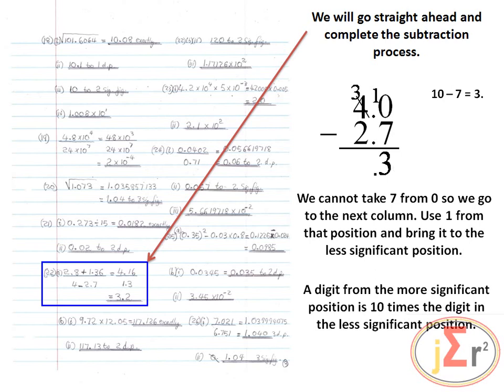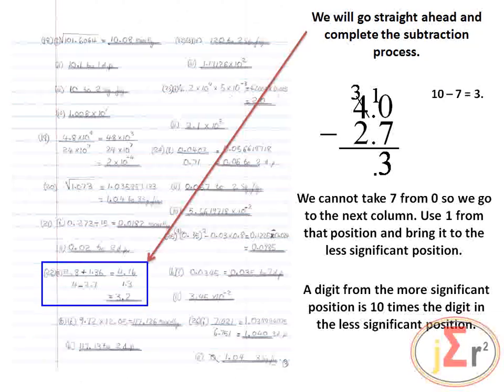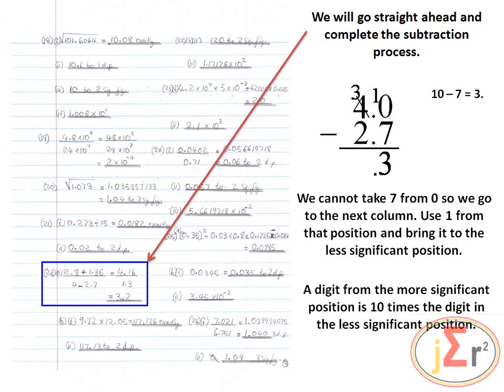We will ensure also that the point in the answer is vertically aligned with the points in the problem, and those are also vertically aligned. And 3 minus 2 is equal to 1. 1.3. And by now, we are eagerly anticipating the division by 1.3.